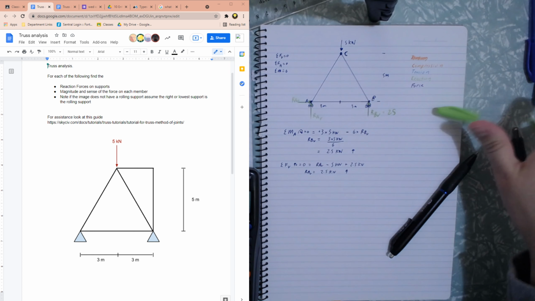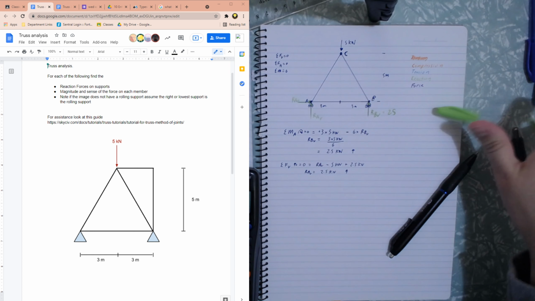Right, now we can do our next thing, which is our sum of all forces vertical, where up is positive, equals 0.